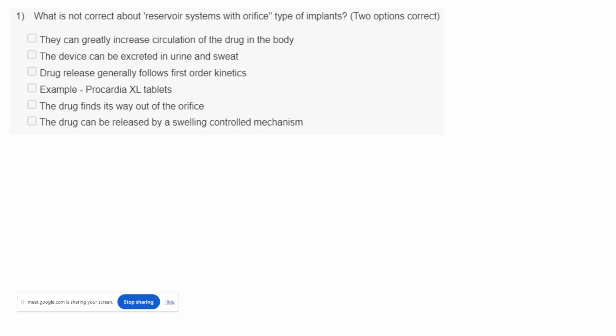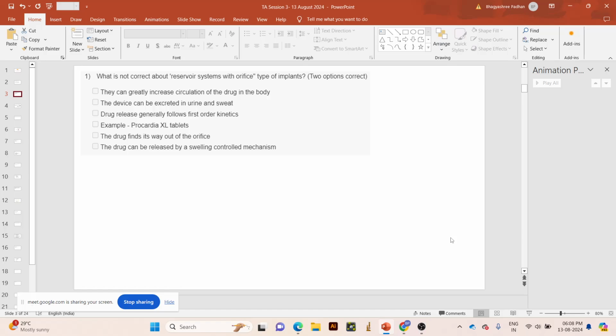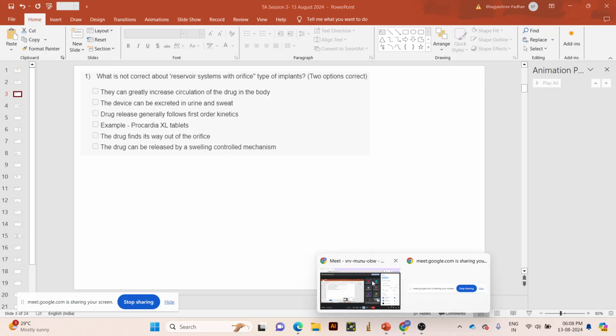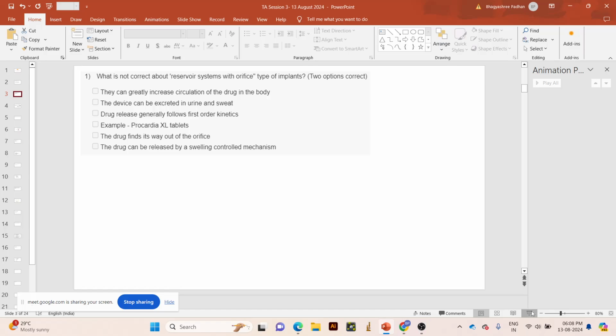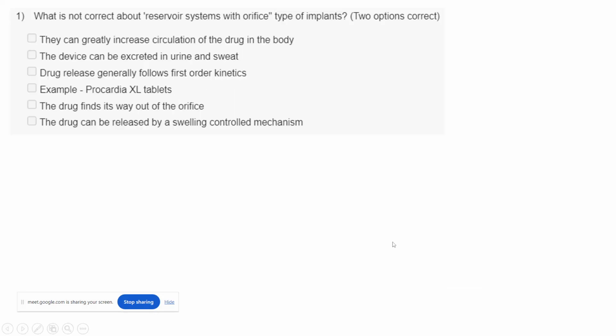Which two options are correct? Anybody else would like to answer?